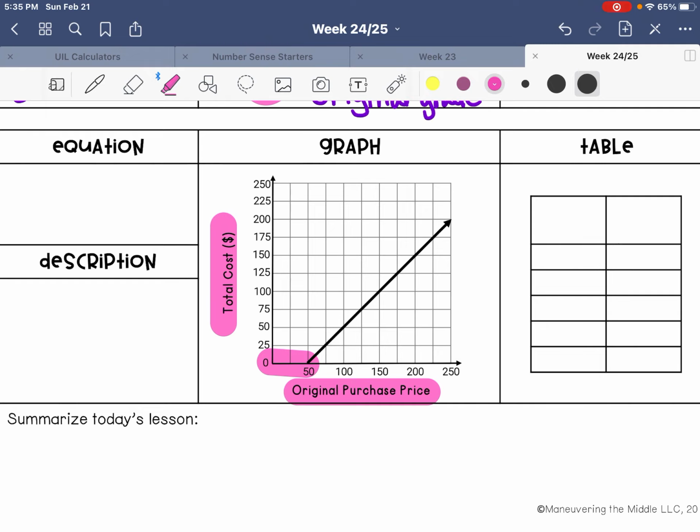And if the original purchase price was $100, now it's $50. If the original purchase price was $150, now the total cost is $100. So it looks to me like they're taking $50 off of the price, no matter what the price is. So I guess if it costs $50, they're going to give it to you for free.